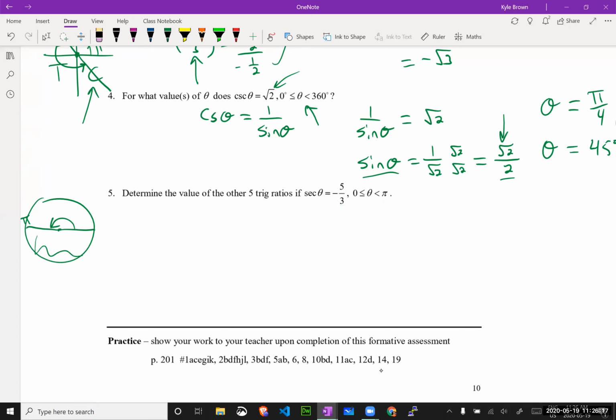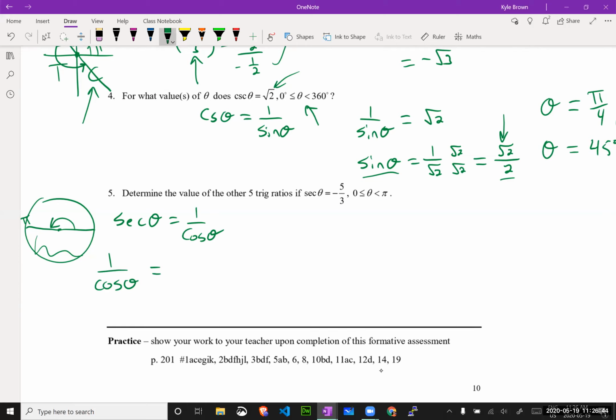So now, let's get our bearings here. Secant theta is equal to this. So secant theta, though, is the same thing as saying 1 over cos theta. Okay? So 1 over cos theta is equal to, well, and I'll do this right now.